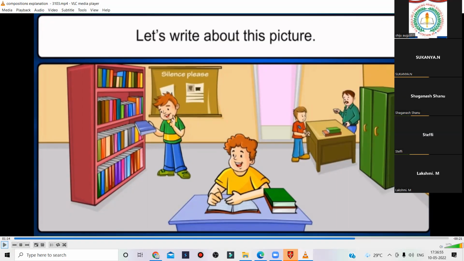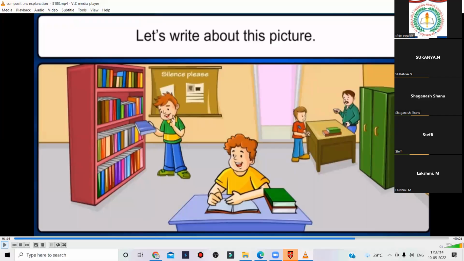In the picture, write down all the things you are seeing in sentences. From this picture, how many sentences can you make? That is the exercise. So do it today itself as homework or assignment, whatever it may be.